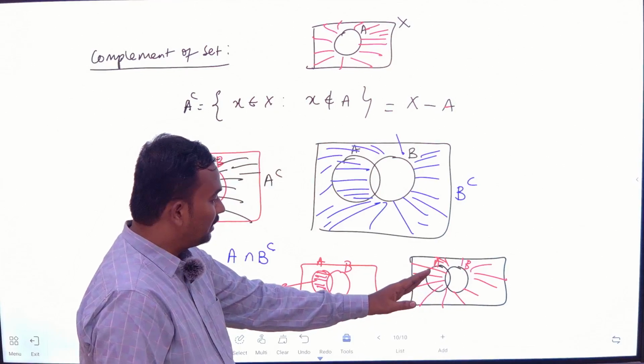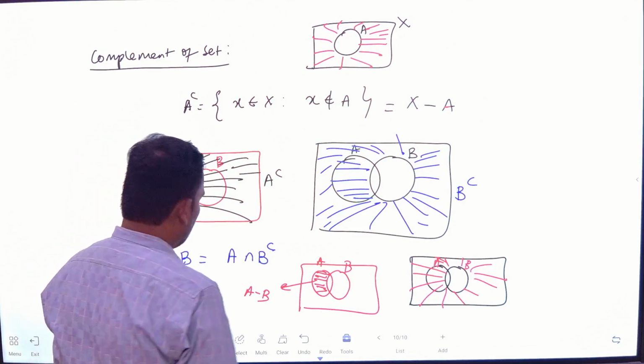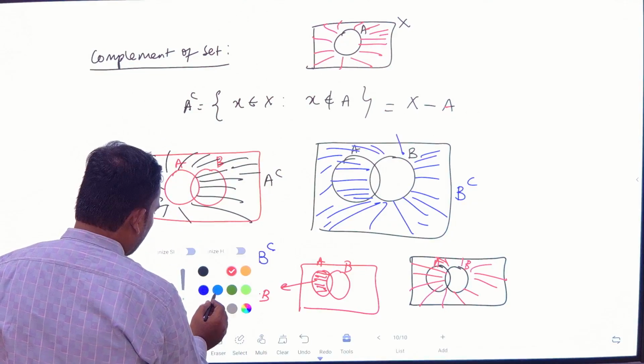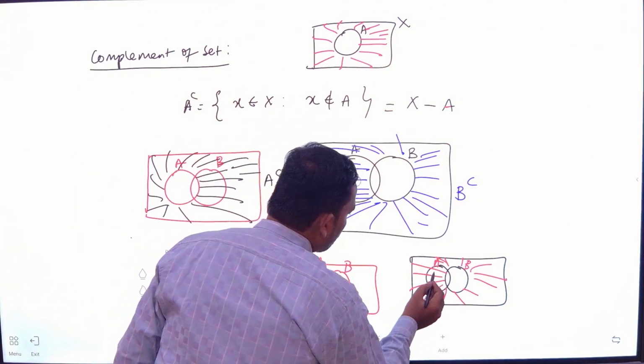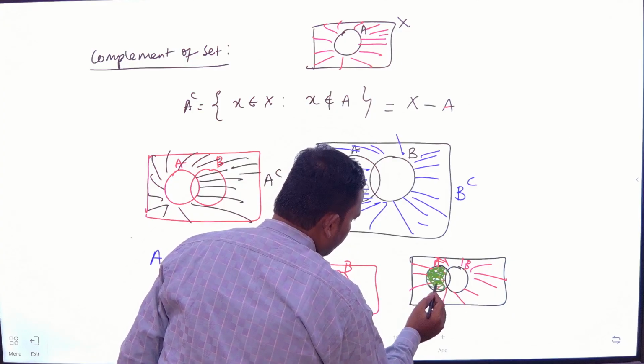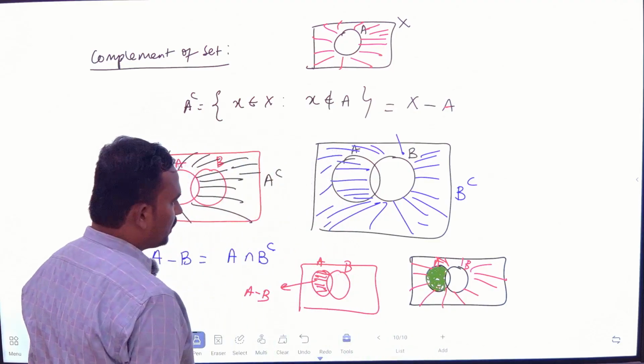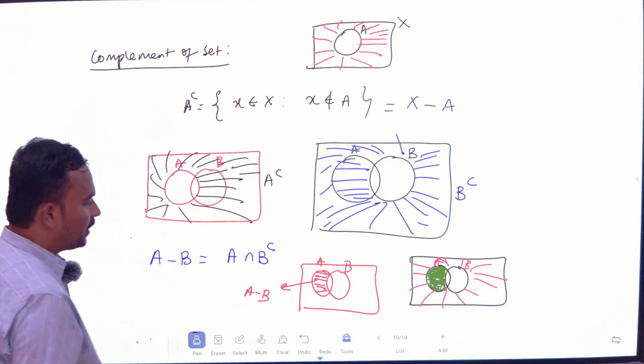When you intersect with A, which portion is covered? Only this portion is covered. This is the same as A minus B.